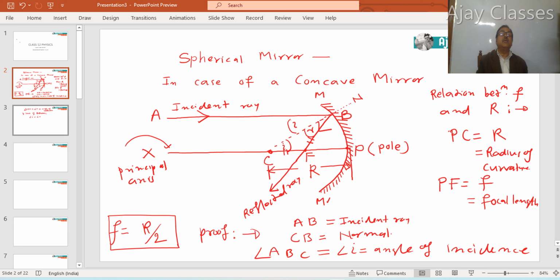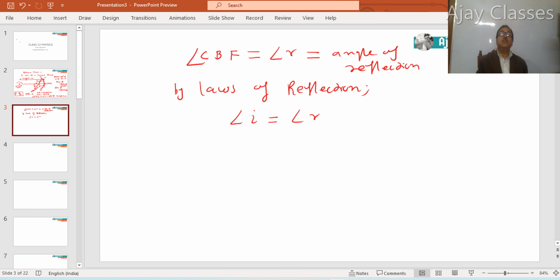Since I is R, B to F is equal to C to F, because the two angles are equal in the triangle.